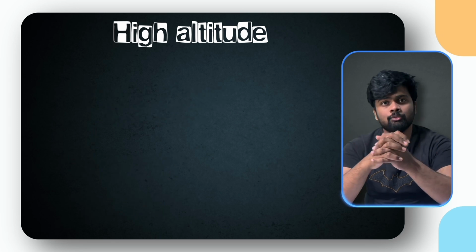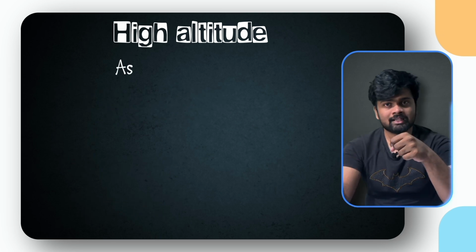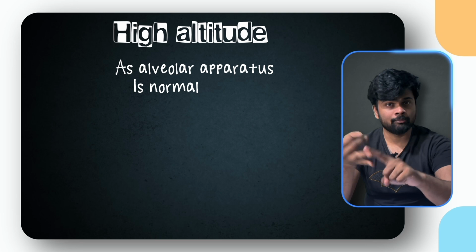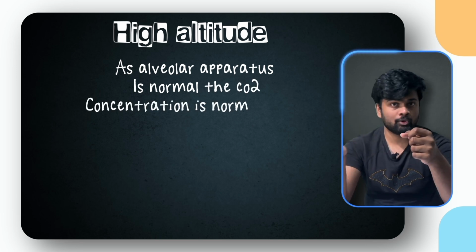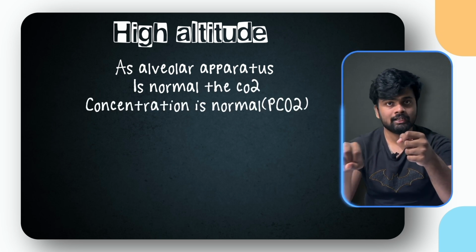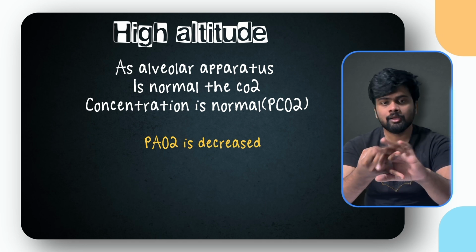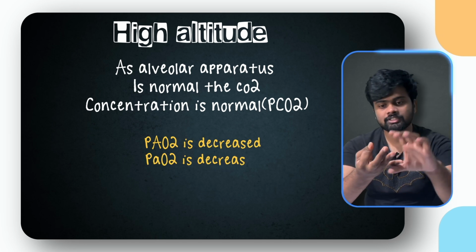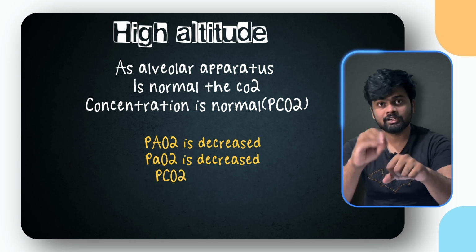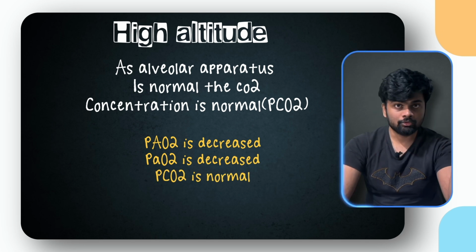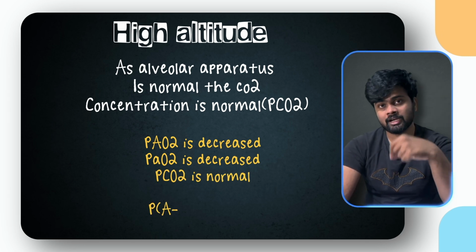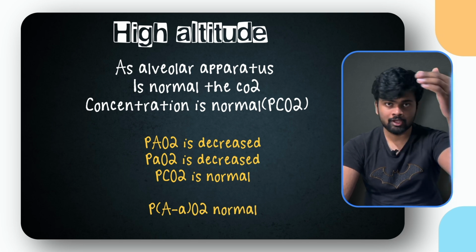But what about carbon dioxide? As the interstitium is normal and the membrane is also normal, the carbon dioxide concentration in the arterial blood is completely normal. So partial pressure of alveolar O2 is decreased, partial pressure of arterial O2 is decreased, but the partial pressure of arterial carbon dioxide is completely normal. Now the partial pressure of alveolar minus arterial O2 is completely normal because both are decreased.